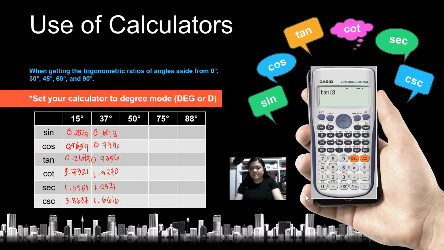Tangent 37 is 0.7536, because on the right of 5 is another 5, so we will round it up. And for cotangent, we have 1 over tangent 37. Okay, so 0.3270, and secant is 1 over cosine. So that will be 1.2521, and cosecant is 1 over sine. So we have 1.661.